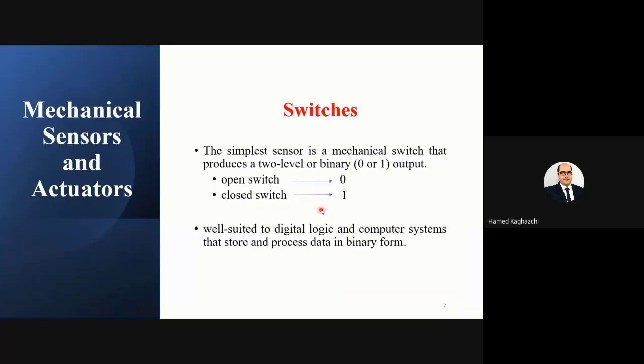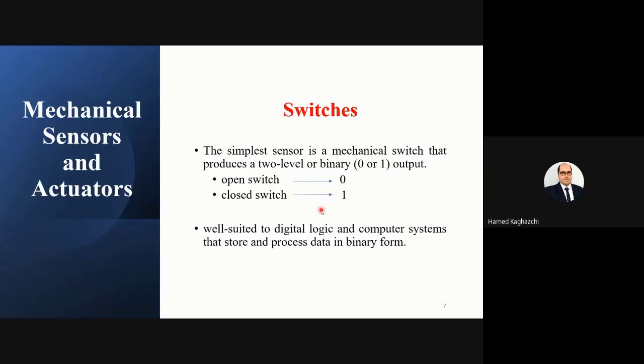Now we start talking about mechanical sensors and actuators. The first type of sensors and actuators was mechanical. The simplest sensors that are used in our systems are switches.